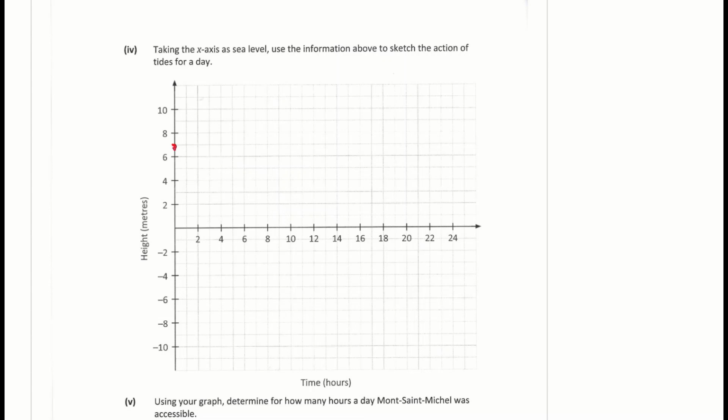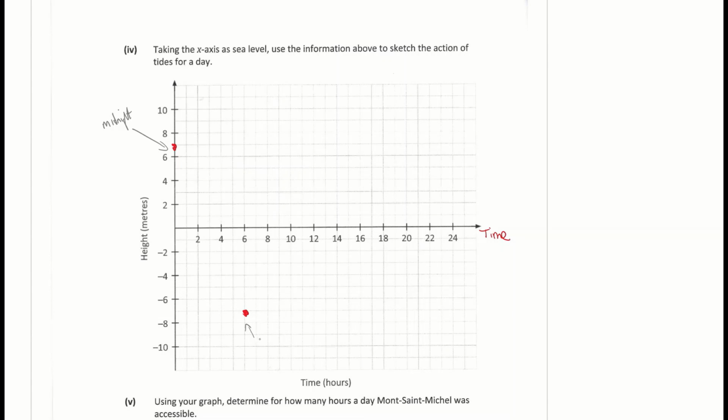That represents, we can just do a little arrow coming out of this just for explanation, this is midnight. And we know that 6 hours later, at 6 a.m., so this is my time here, just so we're clear, it's down 7 meters, so 6 on my x-axis is here.